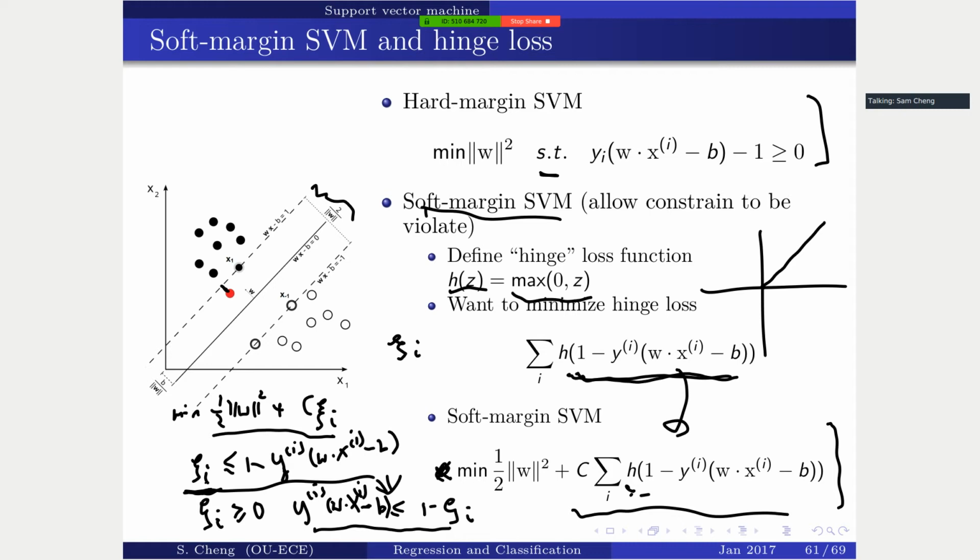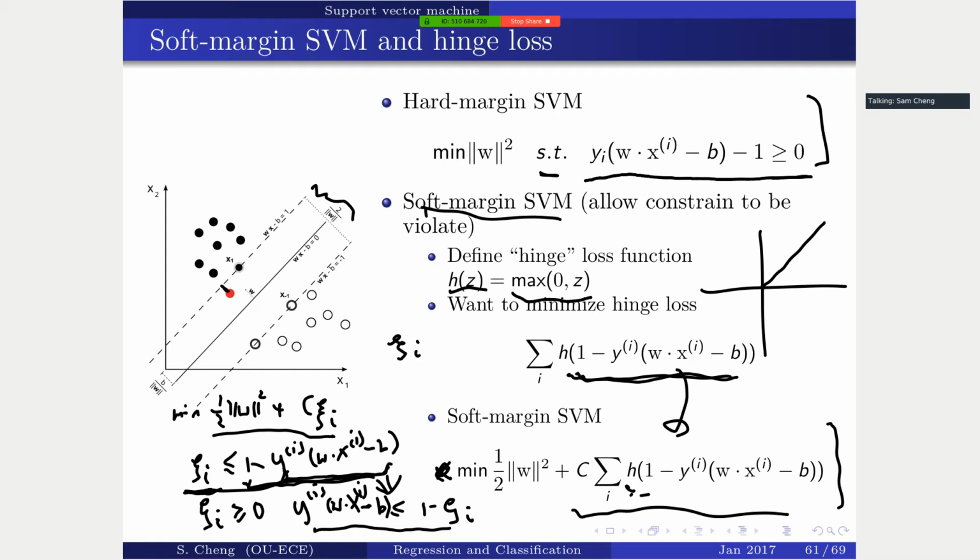Ci should be positive. But this guy is... When the constraint is not violated, then this one is... I guess I really should just start from the beginning.